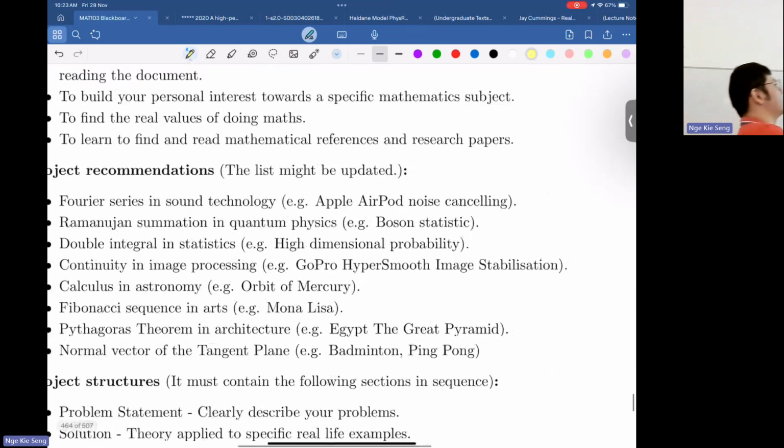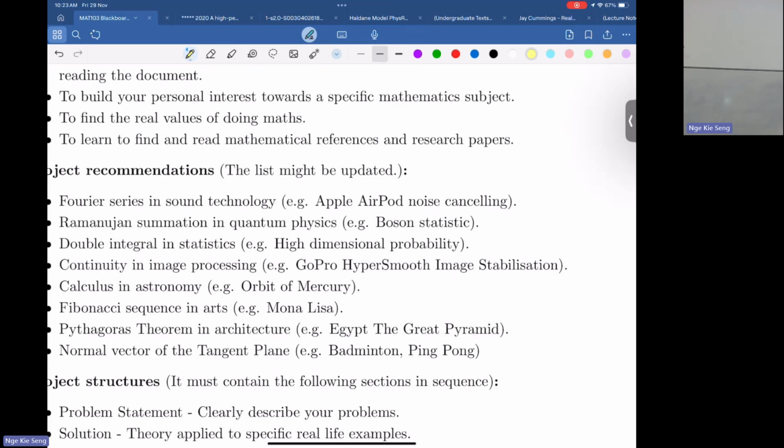For example, you can do Apple AirPods noise cancelling. Active noise cancellation is not actually cancelling the noise. It produces another sound that cancels out the ambient sound. It takes in the ambient sound first, and then produces a negative coefficient for your sound wave outside.